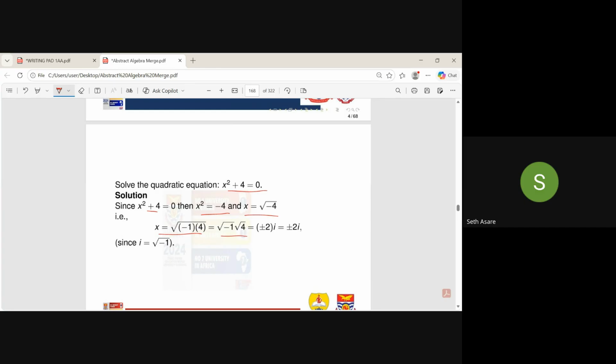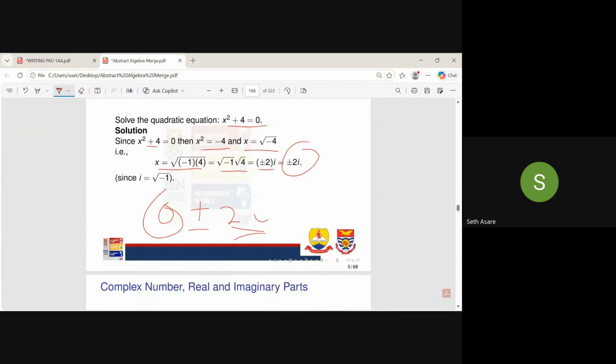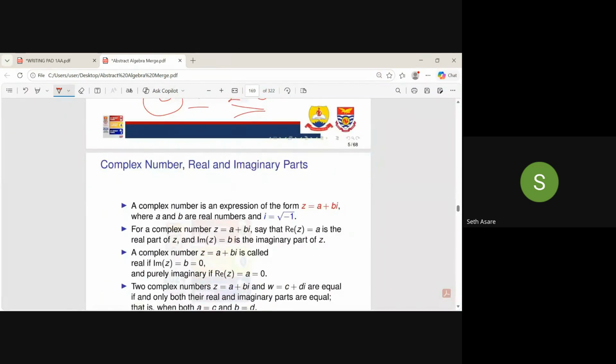That is equal to the square root of minus 1 multiplied by the square root of 4, so we can write plus or minus 2i. This quadratic has only an imaginary part, so we can write it as 0 plus or minus 2i. The real part is 0, and the imaginary part is there. Now we are concentrating on complex numbers, their real part and their imaginary part.